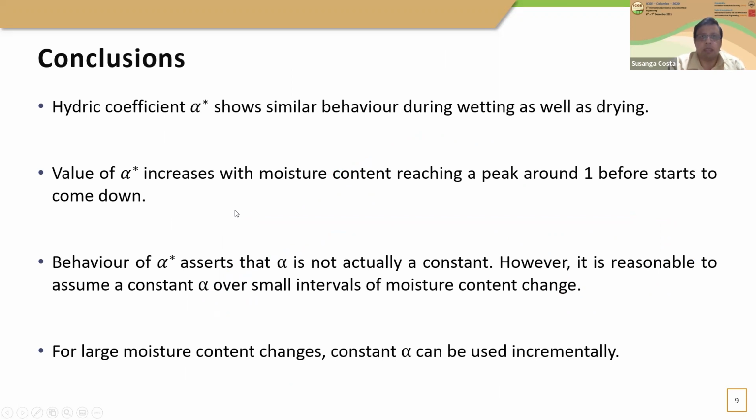So what can we conclude from these experiments? We can conclude that hydric coefficient alpha star shows similar behavior during wetting as well as in drying. Values of alpha star increase with moisture content, reaching a peak around 1 before it starts to come down.